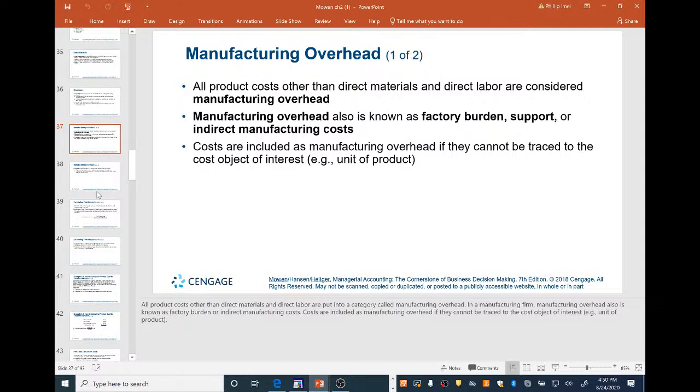It's hard to control a big ship. You need so many different parts of it. It's hard to determine, okay, what do we really need, what don't we need. So the manufacturing overhead can really come into play. Costs are included as manufacturing overhead if they cannot be traced to the cost object of interest or the unit of product. So that's what the manufacturing overhead is.